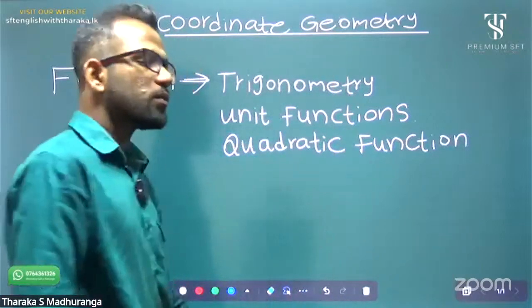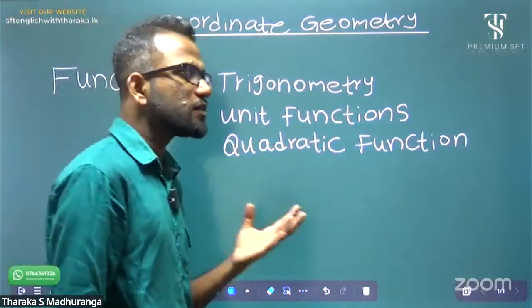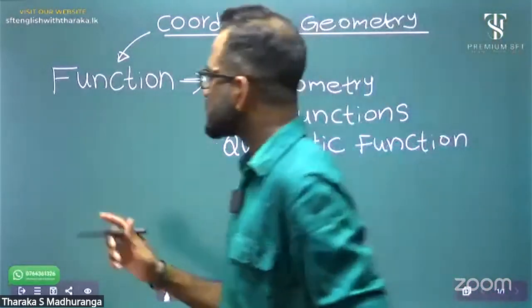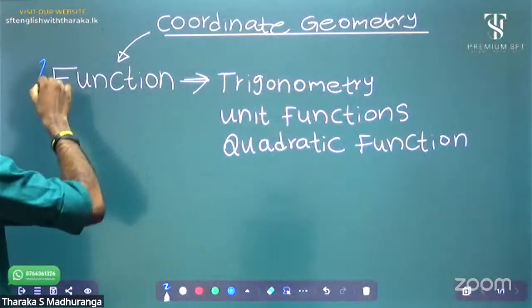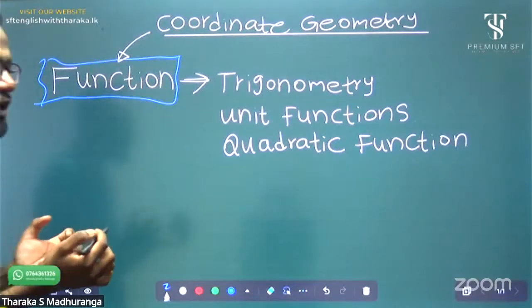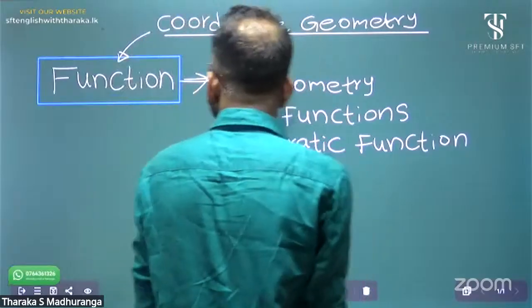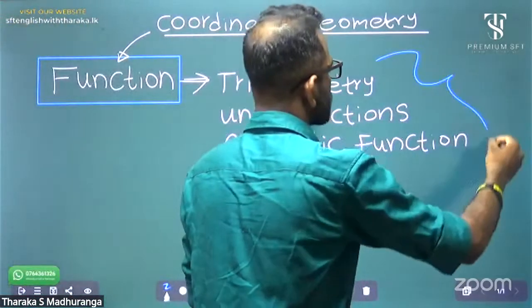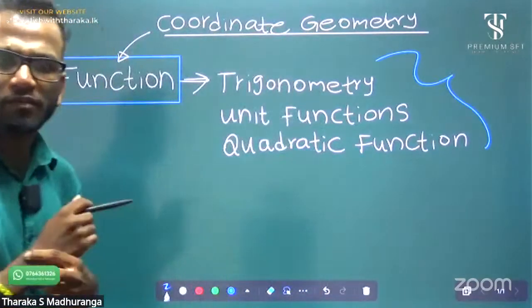Actually, coordinate geometry is the subject area that mainly discusses functions and their behaviors. Now, what's the meaning of a function? They are types of functions: unit functions, quadratic functions, trigonometric functions.